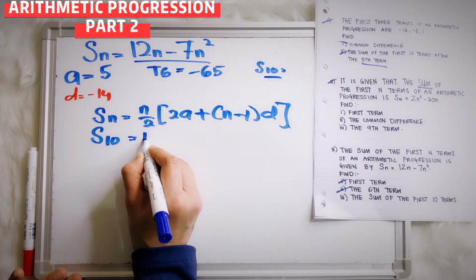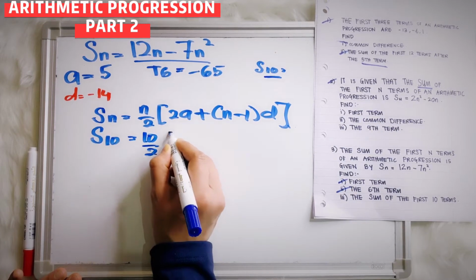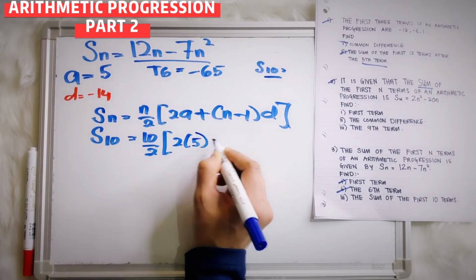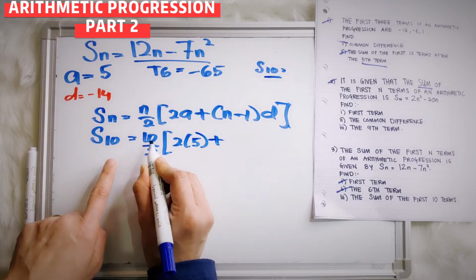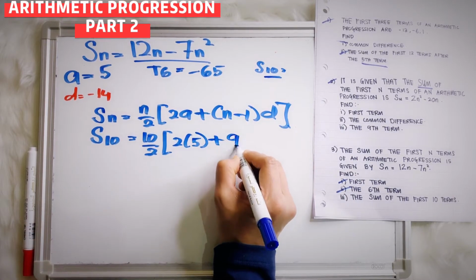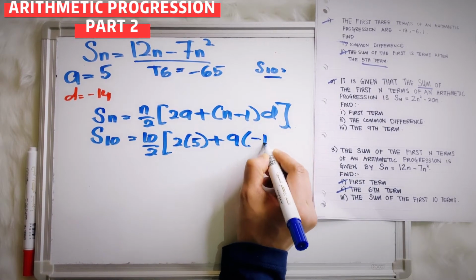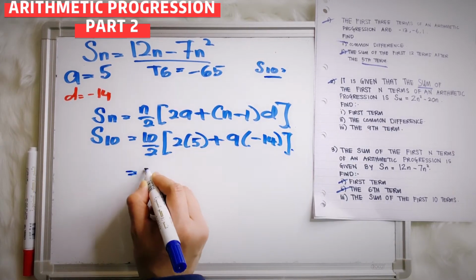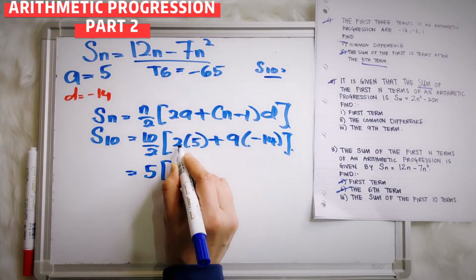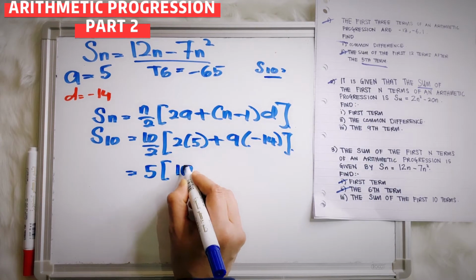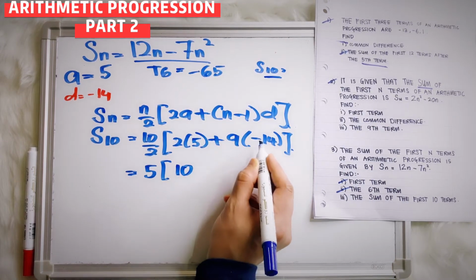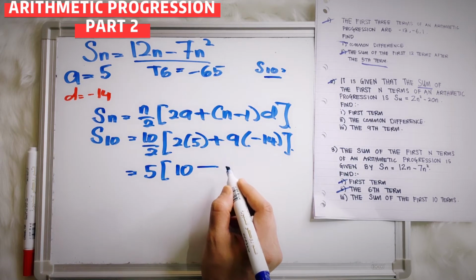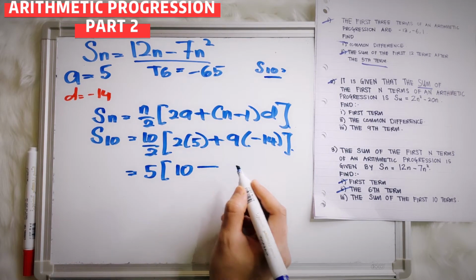So this is n, so 10 divided by 2. Our a equals 5. 10 minus 1, 9. D negative 14. 10 divided by 2, 5. 2 times 5, 10. Positive times negative will be negative.